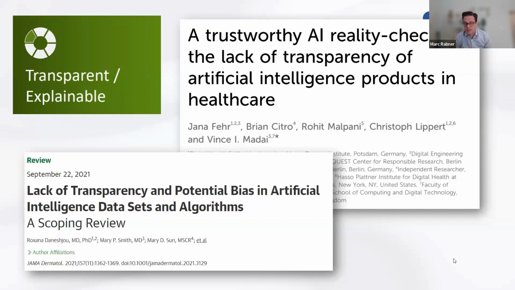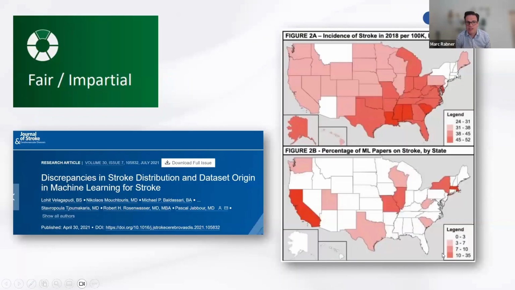And this leads us to the next slide, which is a crucial aspect of AI. Does the AI work the same for all populations? This is another example that looked at training sets for machine learning tools that help to identify stroke. Often training data sets are sourced disproportionately from geographic locations that are close to large academic medical centers, because that's where the research is taking place.